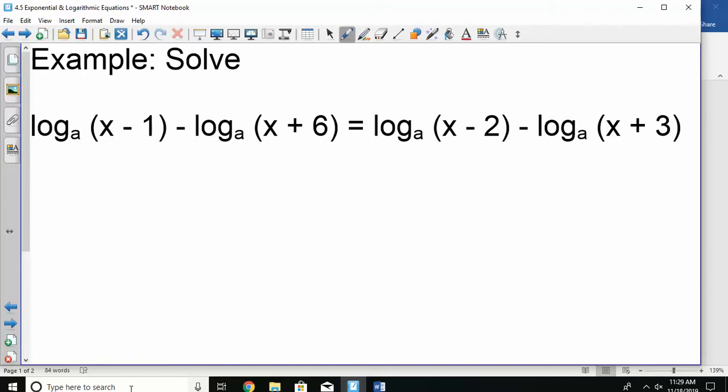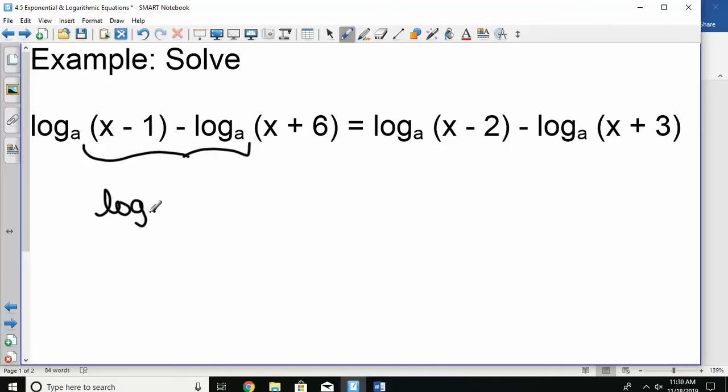So I have a mess here. 4 different terms. But what do you notice about all 4 of those terms? They have a log. So if we have a mixture, if some terms have a log and some don't, our goal is to get the log on one side and change it to exponential. If everything has a log, our goal is to get down to a single log on each side and drop them. So if I'm looking at the left, how would I put those together?